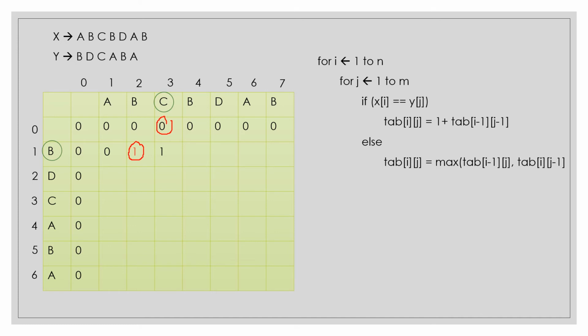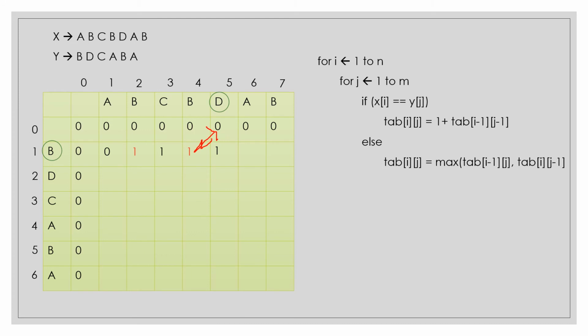Moving forward, we see both B are the same, so we'll take this diagonal element, add 1 to it and append like this. Moving forward, B and D, these both elements are different, again taking the maximum among these two and appending here in the column. We can see 1 is appended.